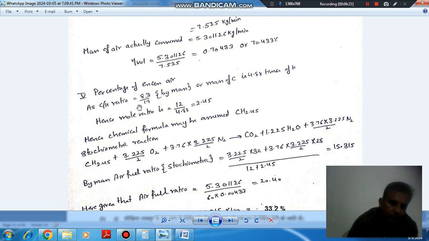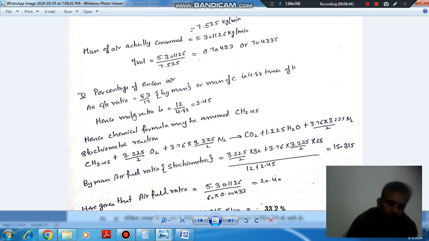As C by H ratio is given by mass, it means mass of carbon divided by mass of hydrogen, so that is 83 by 17. Or we can say, if we solve it, that mass of carbon is 4.88 times that of hydrogen.